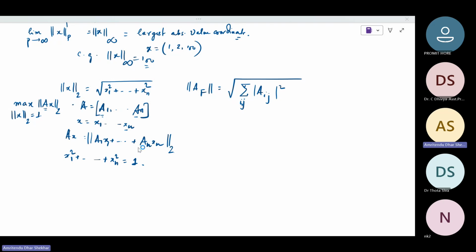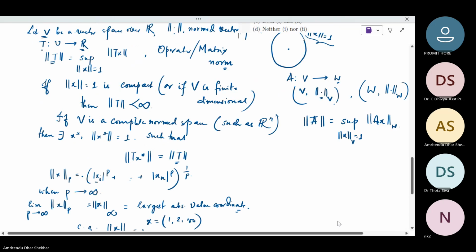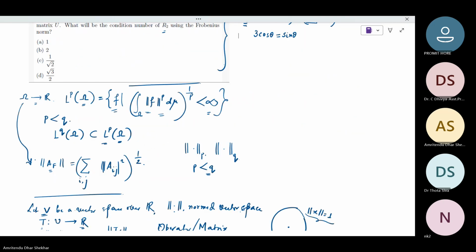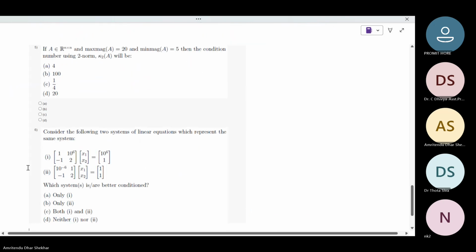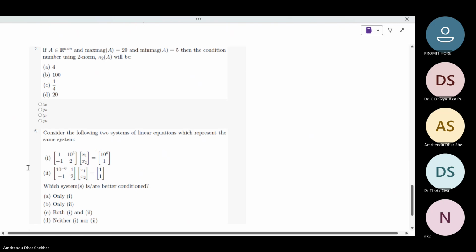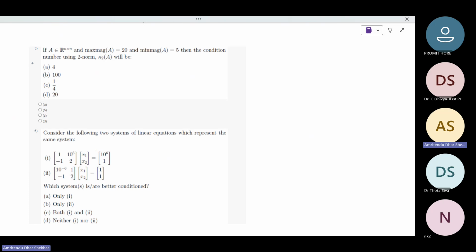All right, let's look at the following problems. Yeah, this problem is a very basic problem.